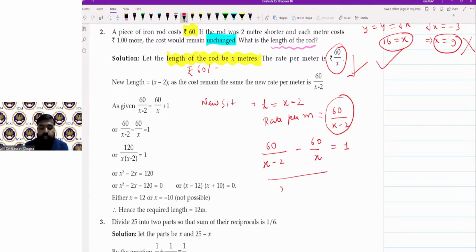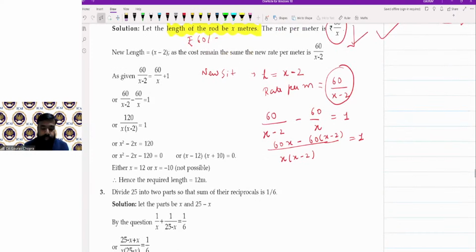Now we can take the LCM, x into x minus 2. So what is left? 60x minus 60 into x minus 2 equals 1. So on simplifying, what we are getting, 120 is equal to x into x minus 2.